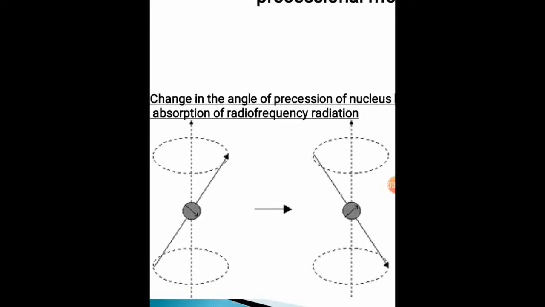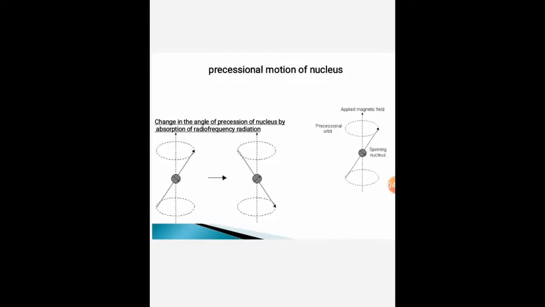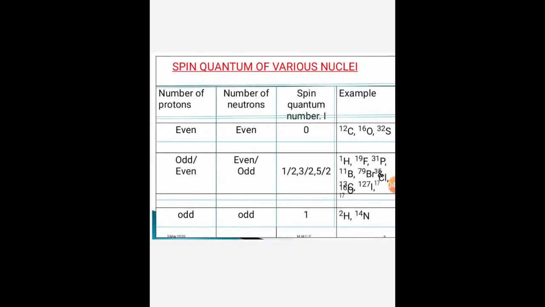This particular phenomenon is called the flipping of the nucleus, and this phenomenon is responsible for the NMR spectrum, in which alpha spin nuclei are present in the ground state.